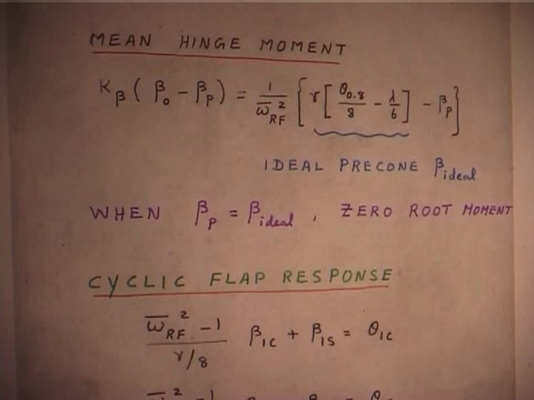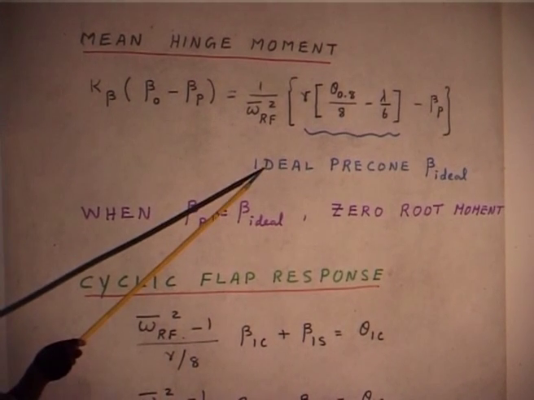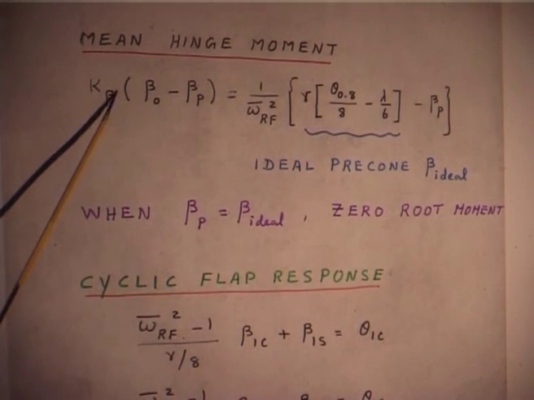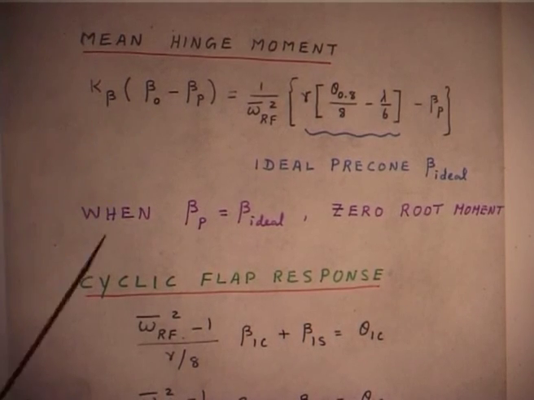I will keep this. We saw the ideal precone, that was what we were discussing last class. Essentially the root moment is k beta, beta naught minus beta p.